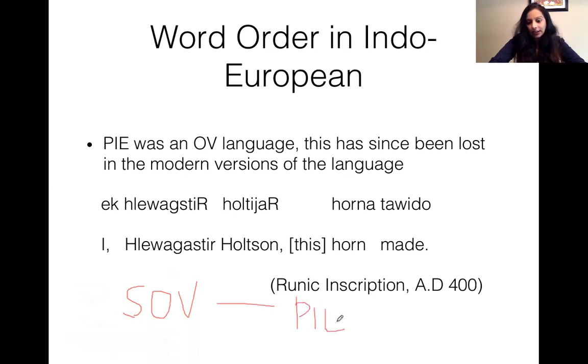And modern English word order is SVO. So there's been a shift in the word order, right? Proto-Indo-European word order shifted from subject, object, verb to subject, verb, object.